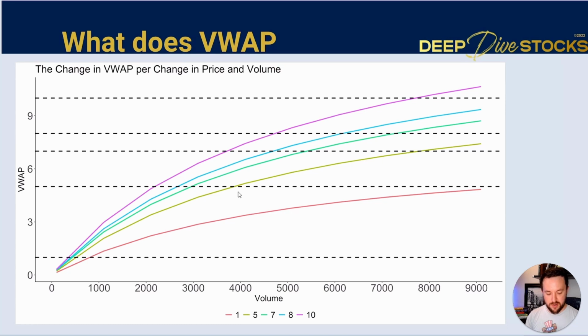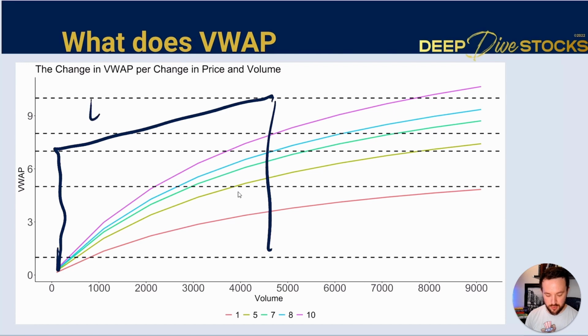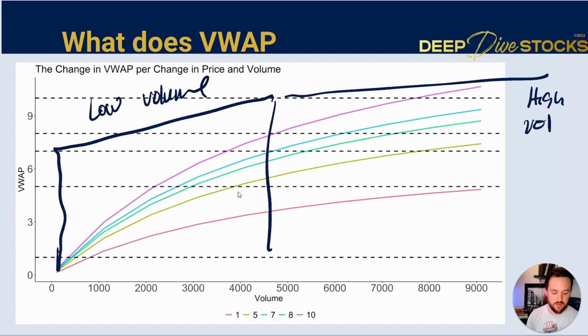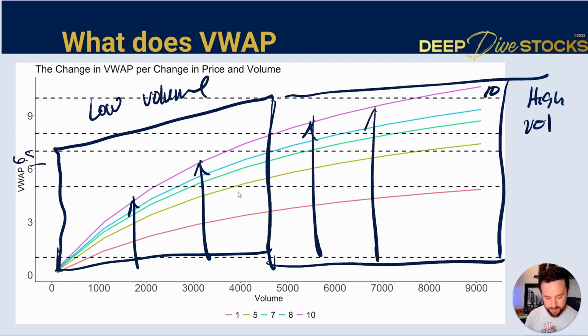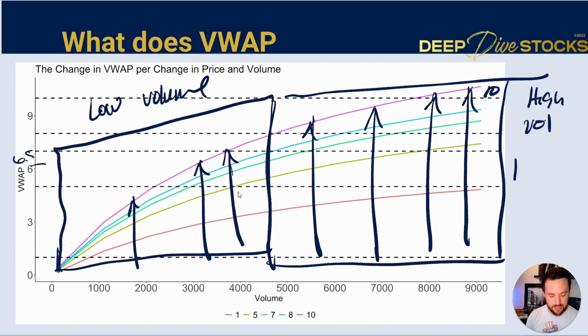Another thing worth noting is that VWAP, because it is more sensitive to low volume in terms of changes than high volume, and because we started at 6.5 and here's our 10, if it takes little volume to move a significant amount versus a lot of volume to move a significant amount, we again see the liquidity aspect of VWAP.